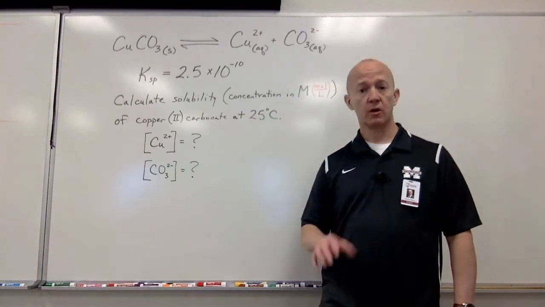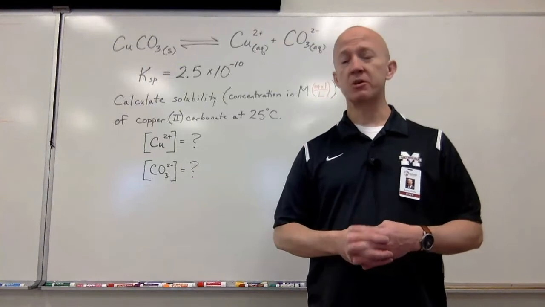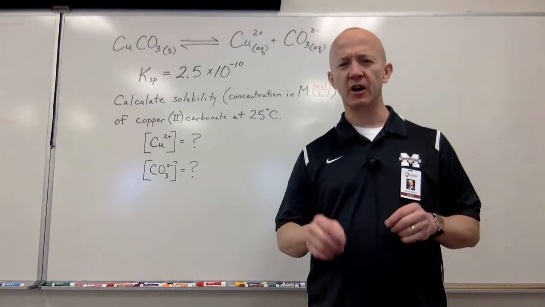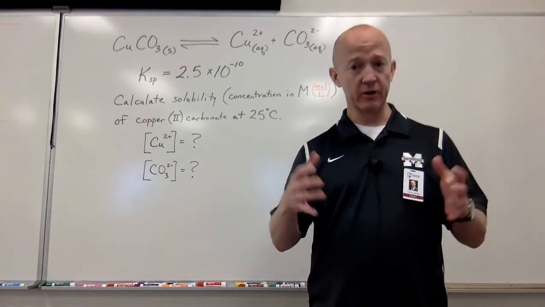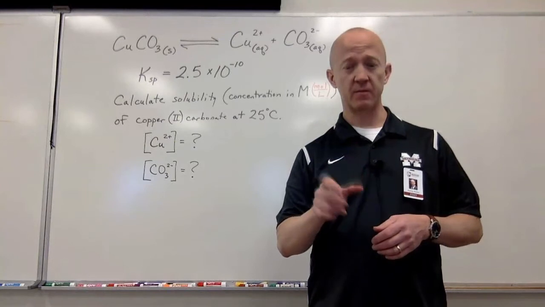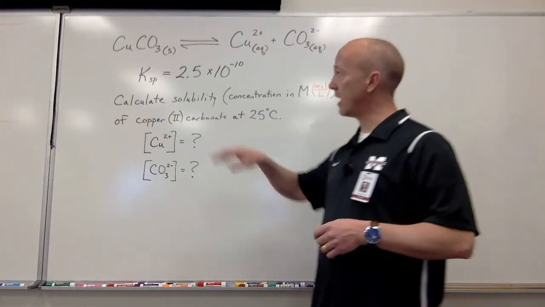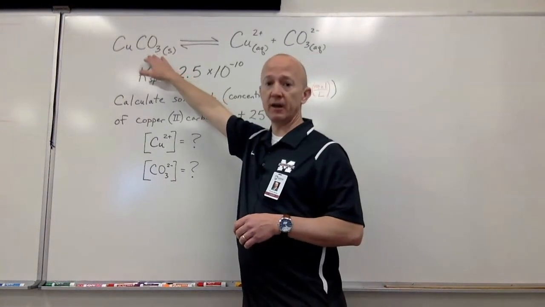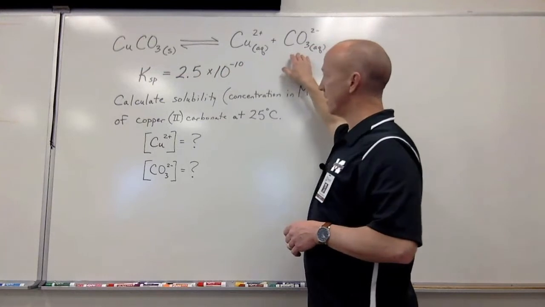Okay, so earlier in this video, we did a solubility problem. We solved for the concentrations of lead-2 and the iodide ion in a 1 liter solution with the KSP. Remember that? You can go back and take a look at it again. So here's your problem. I have copper 2 carbonate that dissolves to give copper 2 ion and carbonate ion.